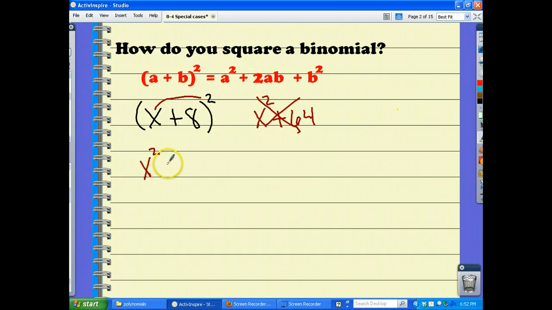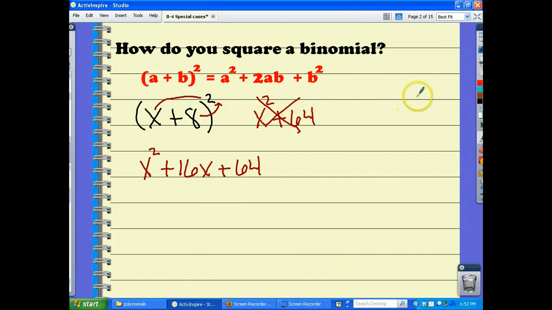So 8 times 2 is 16x. Again, I carry the x because I multiplied 8 times 1x, the one I understood to be there, and then just multiply that by 2. And then the last term, take 8 and square it. That's going to give me plus 64.